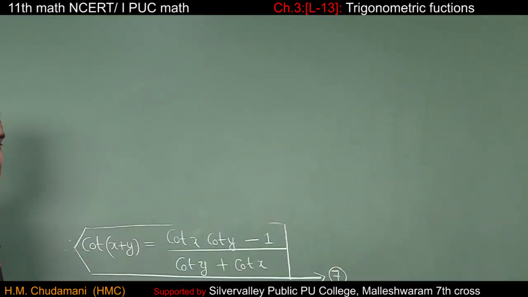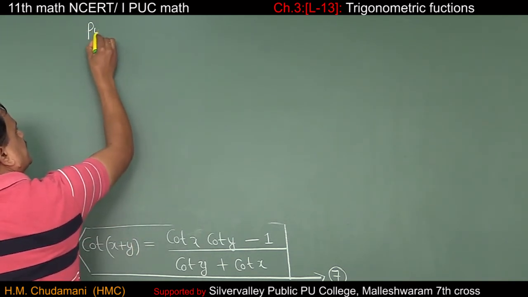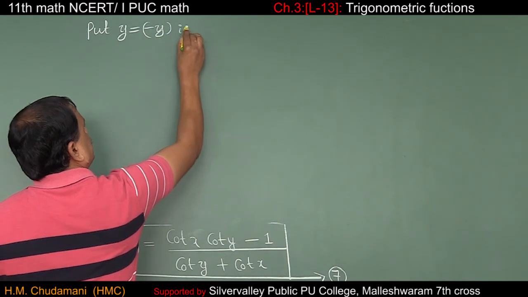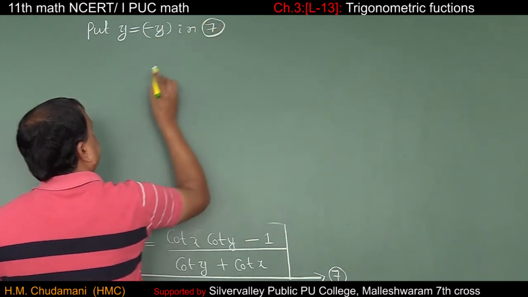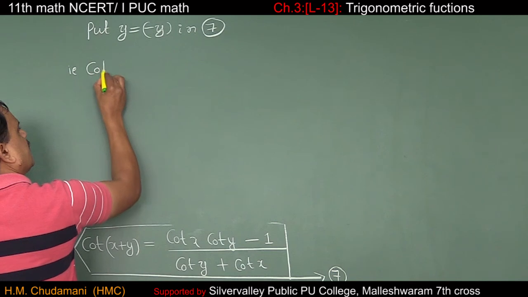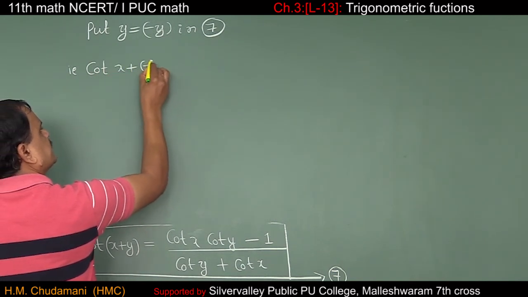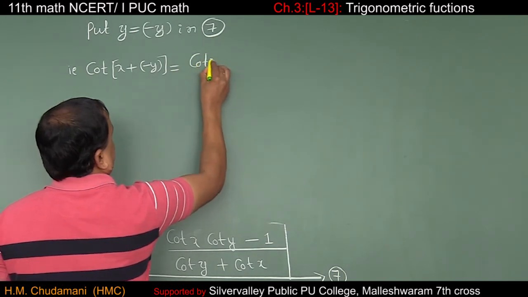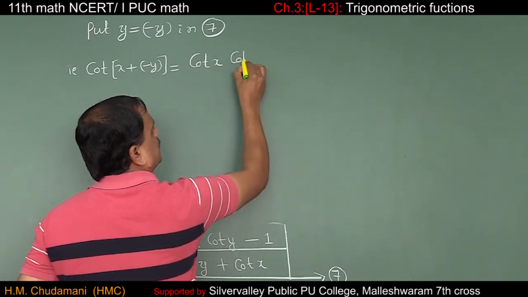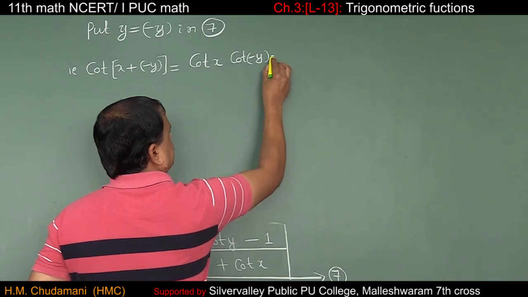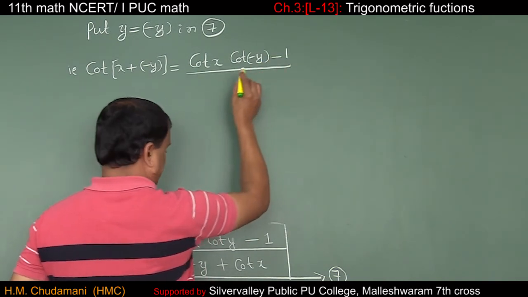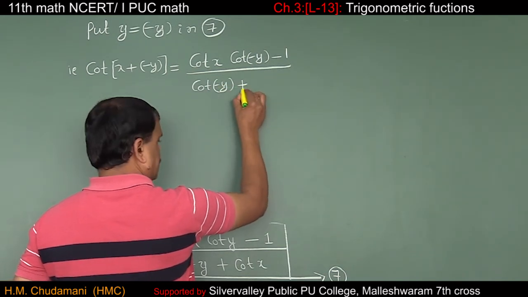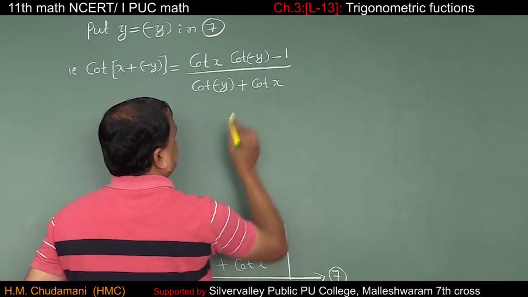Next, you just replace y by minus y. Put y by minus y in equation 7. So that is cot of x plus of minus y is equal to cot x into cot of minus y minus 1 divided by cot of minus y plus cot x.